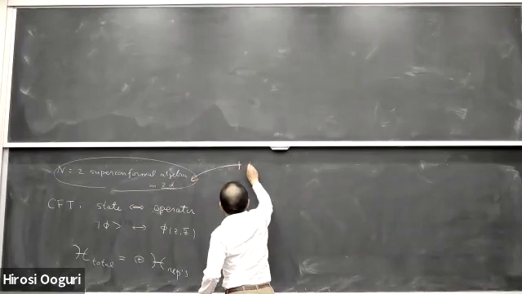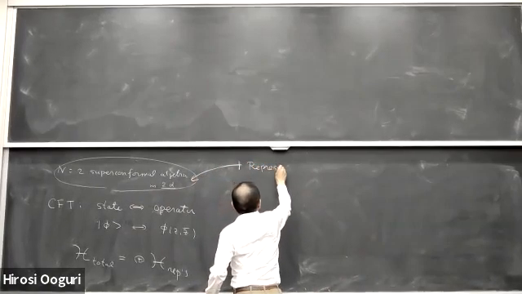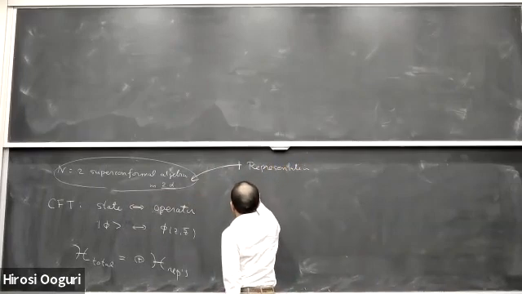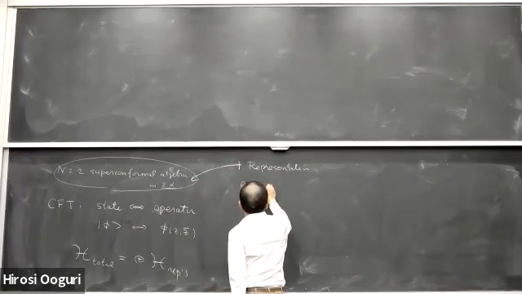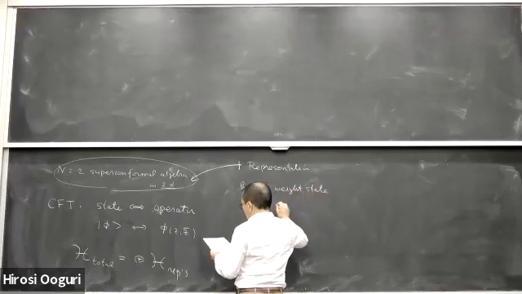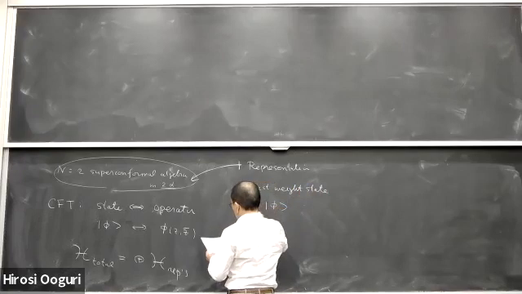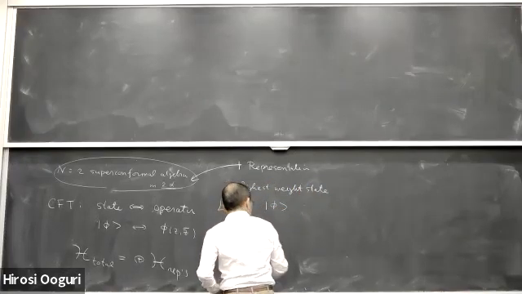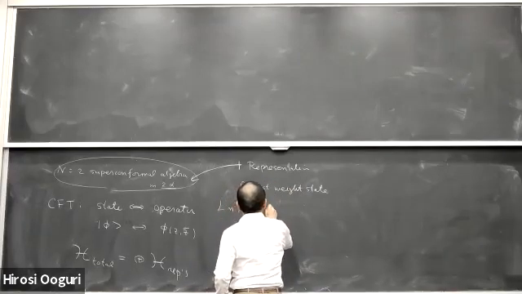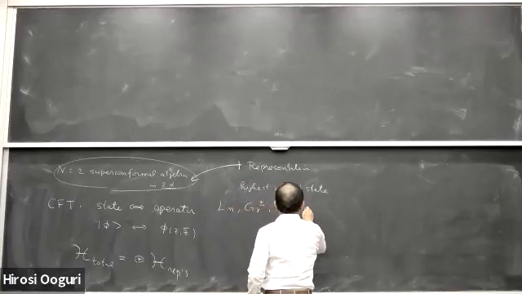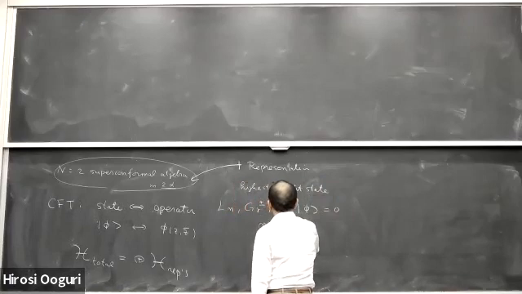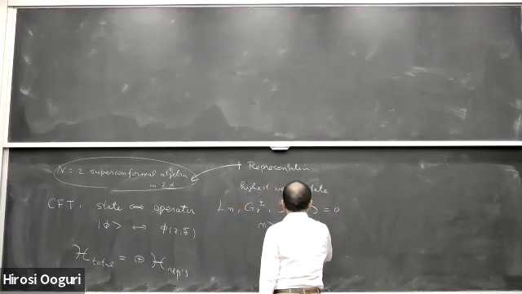So for a representation of this algebra, we have a highest weight state, for which I use the same notation phi, which gets annihilated by the annihilation operators in the algebra, which I used this notation to denote generators of this algebra yesterday, where n is greater than 1 and r is greater than 1/2.